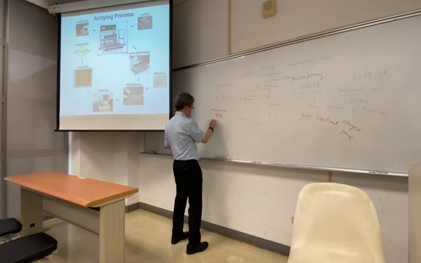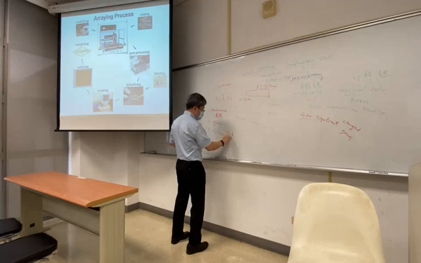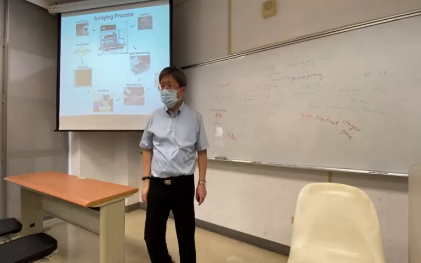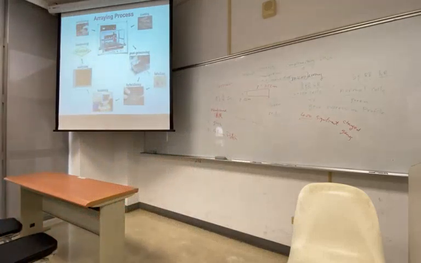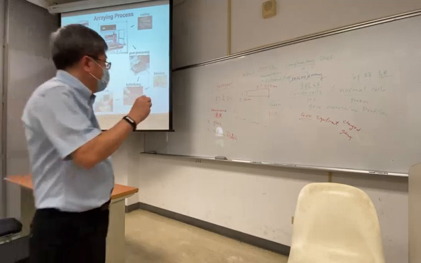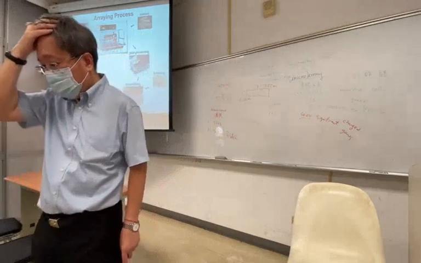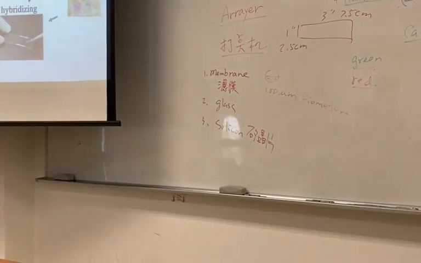Second is glass. Third is the silicon. Glass, 玻璃大家都知道了, I don't want to say that in Chinese. So, in the beginning, I think probably in my first lectures, or I really can't remember.